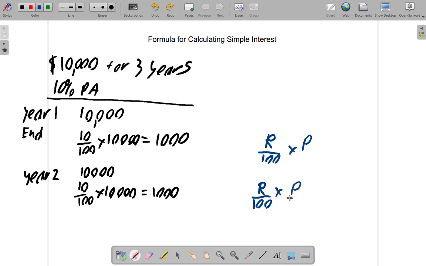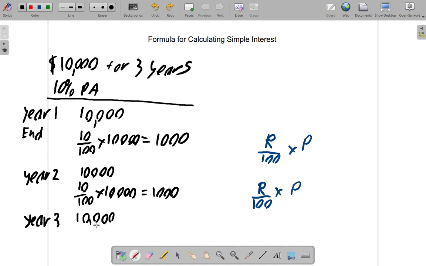So you multiply by the principal. What happens in year 3? Year 3, you still have your $10,000. Remember, each time they give you $1,000, they don't go back into the account and add it. They give it to you. You can have them put it in a new account or write you a check, right?